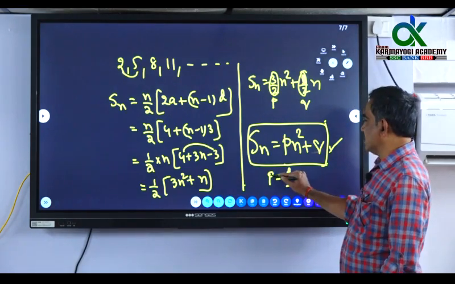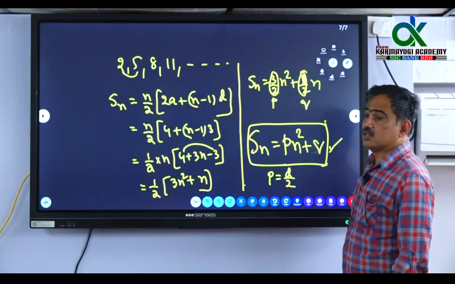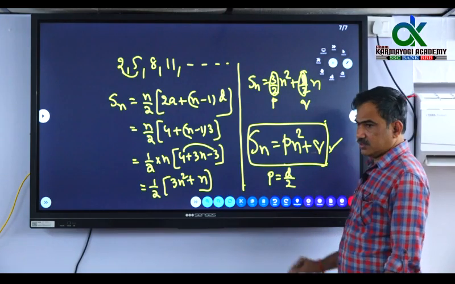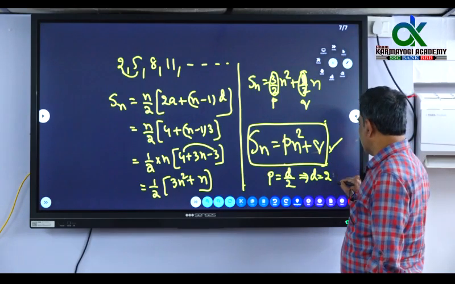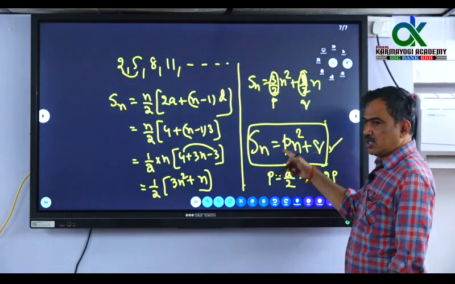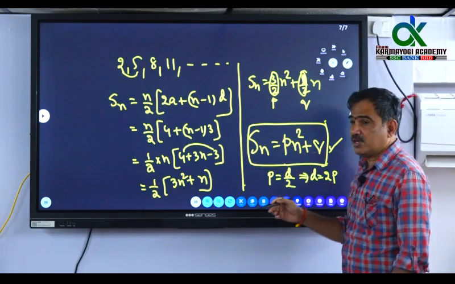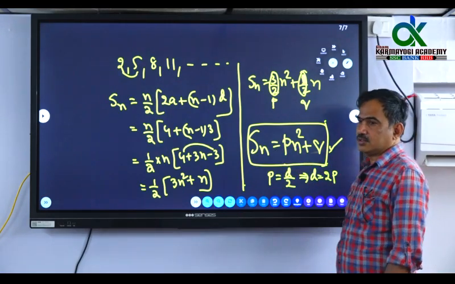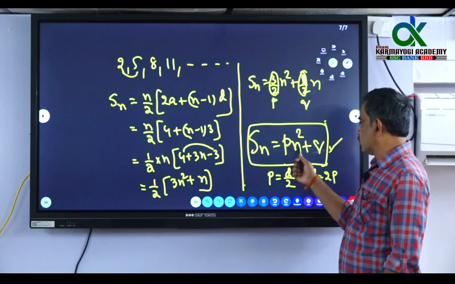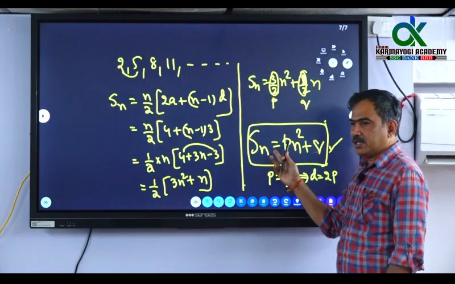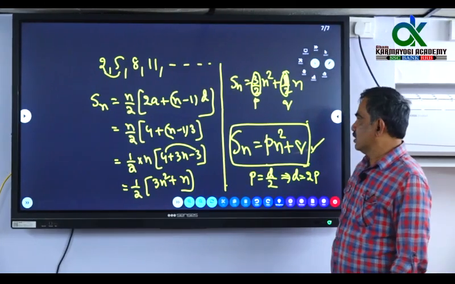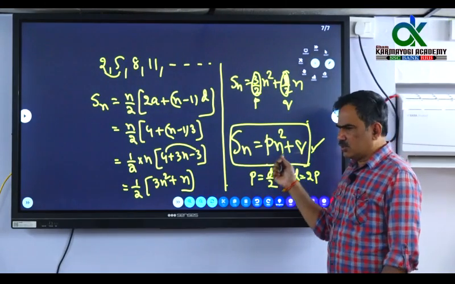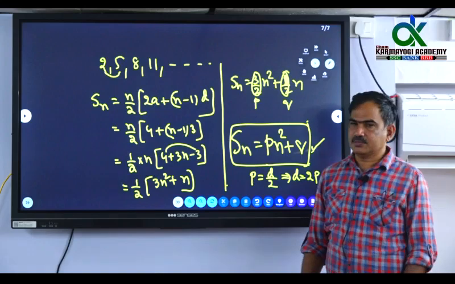That means what is d? 2p. This means what is the d value? 2 times of p. అంటే ఈ pని 2తో మల్టిప్లై చేస్తే దీనికి కామన్ డిఫరెన్స్ వచ్చేస్తుంది. ఓకేనా? ఈ ఫస్ట్ కోఎఫిషియంట్ ఆఫ్ n స్క్వేర్ని 2తో మల్టిప్లై చేస్తే ఏమొస్తుంది అంటే కామన్ డిఫరెన్స్ వచ్చేస్తుంది. ఓకే? సో ఇది ఫార్ములా రాసుకోండి, దీని మీద క్వశ్చన్ ఎలా ఇస్తారో చెప్తాను.